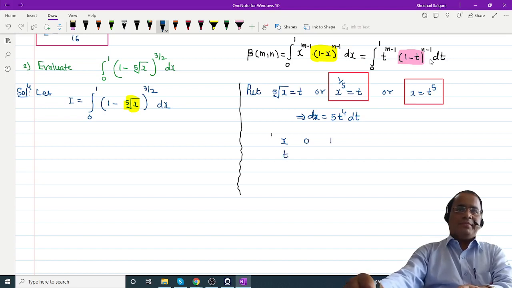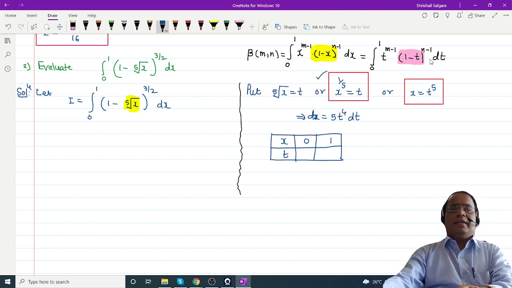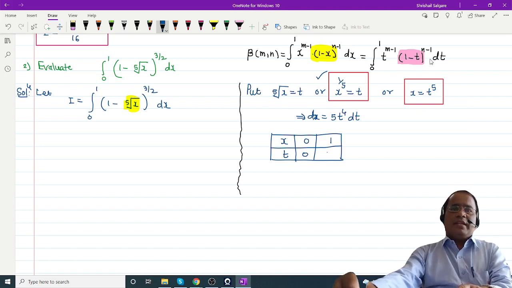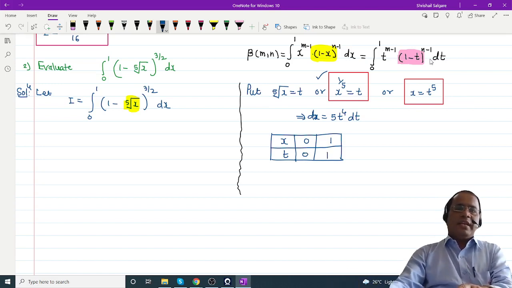What about t? You can use this relation to calculate t. If you substitute x equal to 0 in this relation, t will come as 0. And 1 raised to anything will again come as 1. So the new limits of the integral are also from 0 to 1.